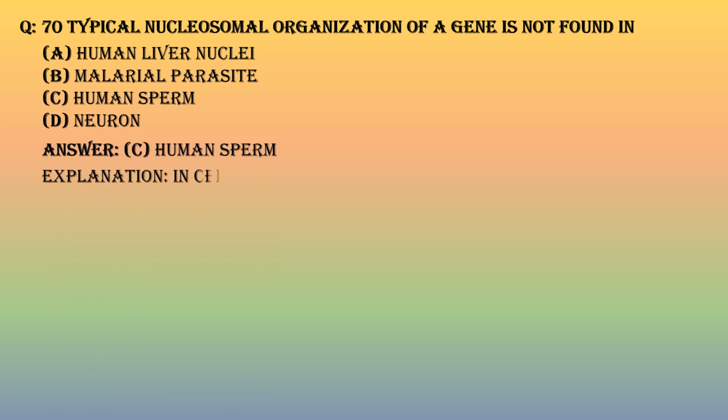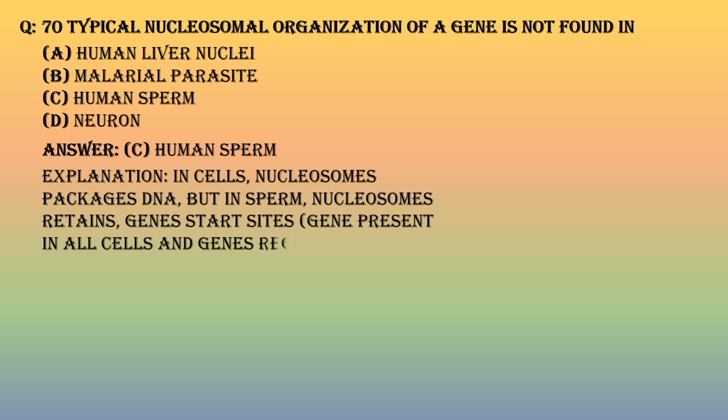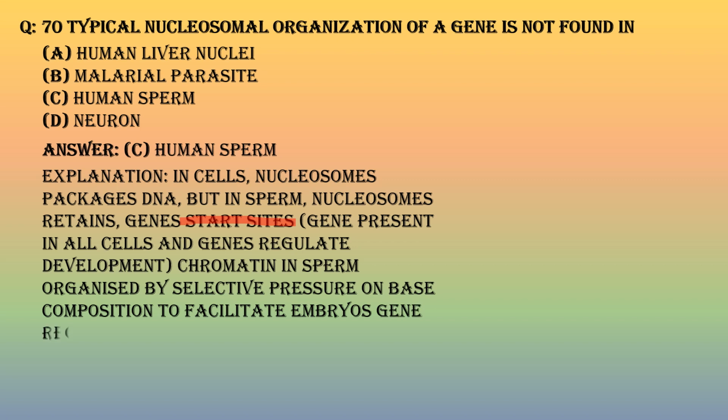How come? Explanation. In cells, nucleosomes package DNA, right? Normal cell. But in a sperm cell, nucleosomes only retain specific genes, like the starting site of genes, and also the regulated and developmental process genes. The genes responsible for sperm regulation and sperm development are retained in the nucleosome, but not other genes.